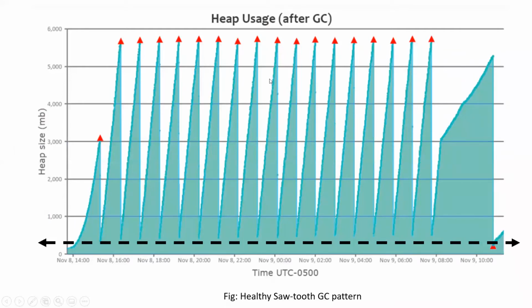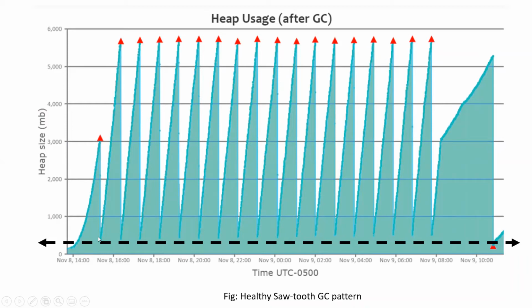You can see that when requests are coming in, objects are getting created and keep building up. Now a full garbage collection event runs. When it runs, it cleans up the unreferenced objects in memory. Once it has cleaned up, you can see the heap usage dropping all the way to the bottom.